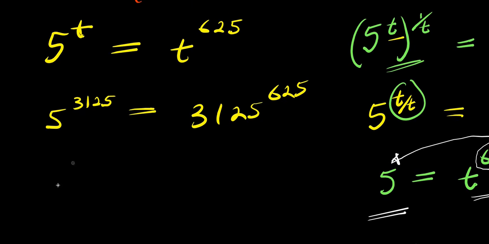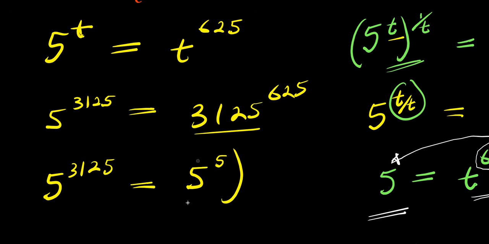Now, what I can do is I have 5 to the power of 3125. 3125 is simply 5 to the power of 5, because 5 times 5, 25 times 5, that is 125 times 5, that is 625 times 5, that is 3125.